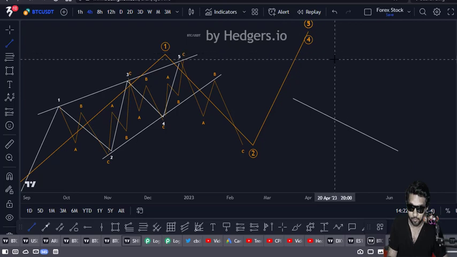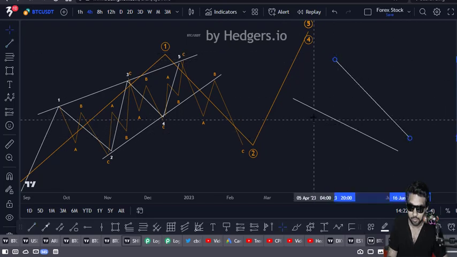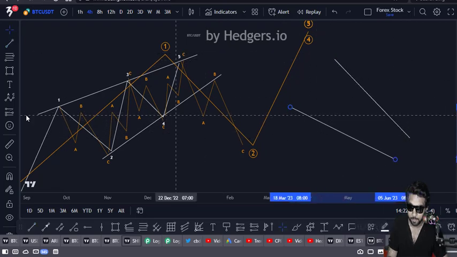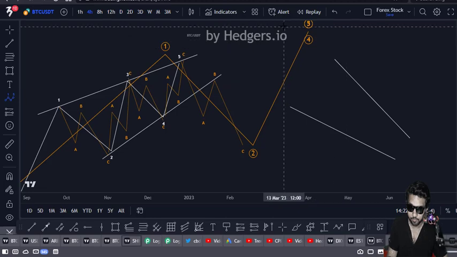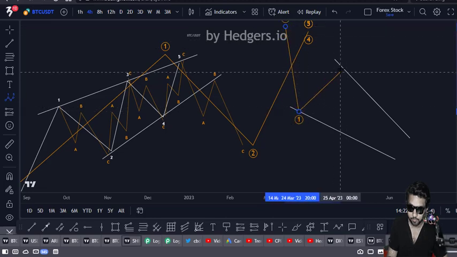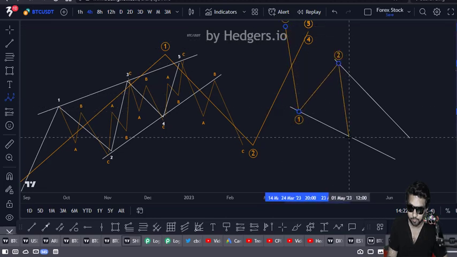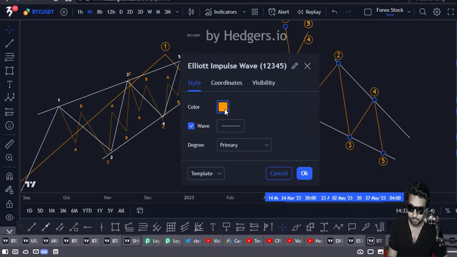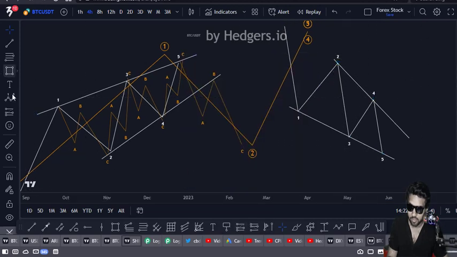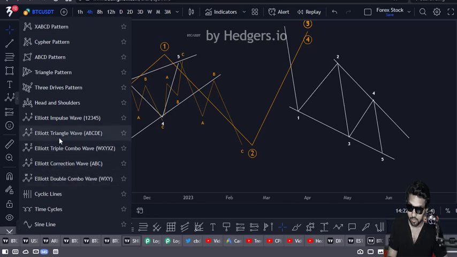Similarly, you see similar things. You just need to make it upside down.